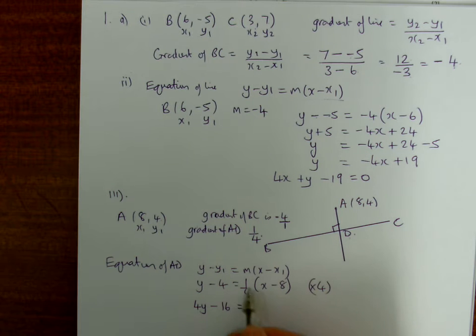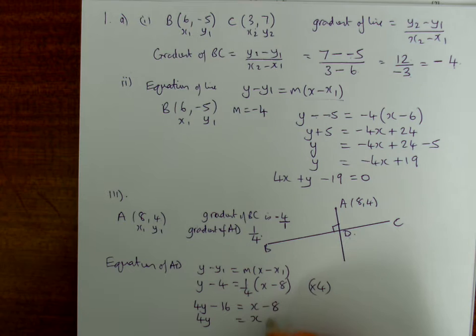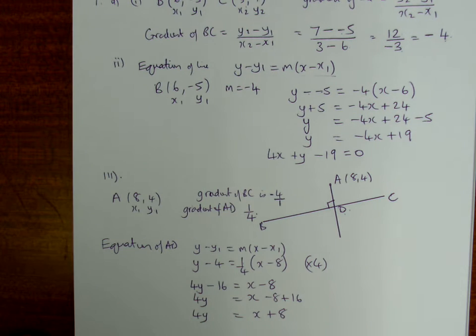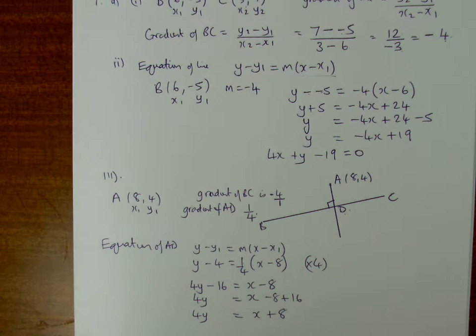And then I've just got 1 times the bracket, so that's x minus 8. So 4y equals x, and then take the minus 16 over, that's plus 16. We've got 4y is equal to x plus 8. Okay, so I didn't really need that sketch until the third part.